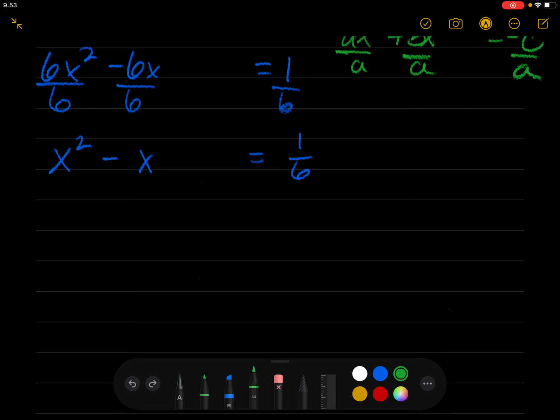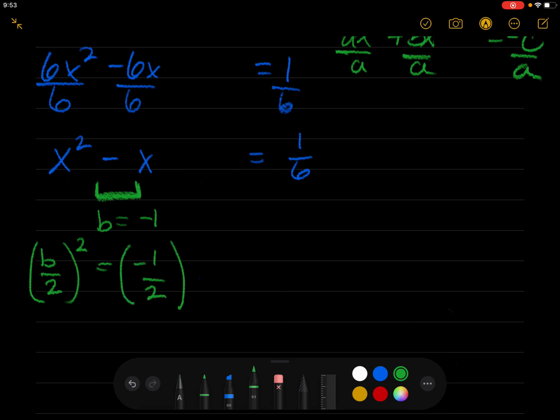We're going to start by taking b. That's the coefficient on our x. In this case, b is equal to -1. If we take b and divide it by 2, we have -1/2. We will square it, which will give us a positive 1/4.